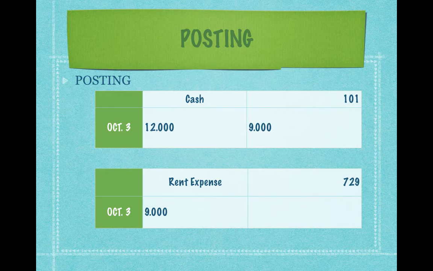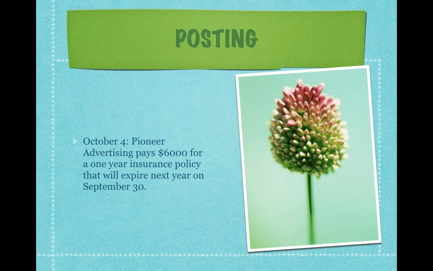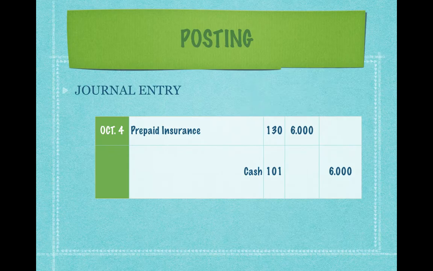Let us move on to the third case. October the 4th, Pioneer Advertising pays 6,000 US dollar for a 1-year insurance policy that will expire next year on September 30. Okay, so this is the journal entry for prepaid insurance.